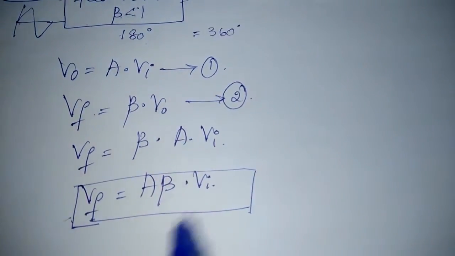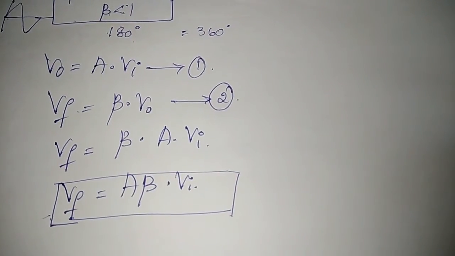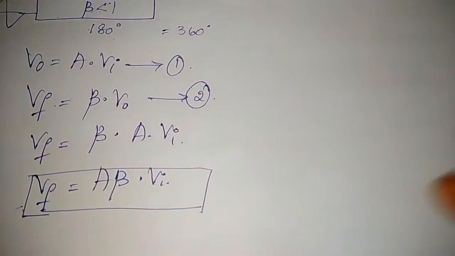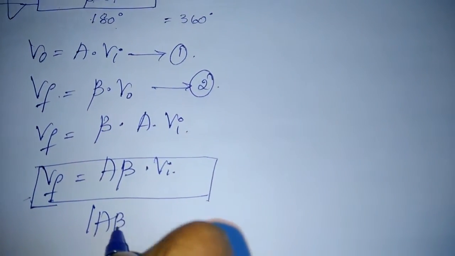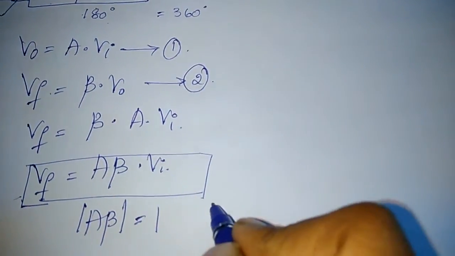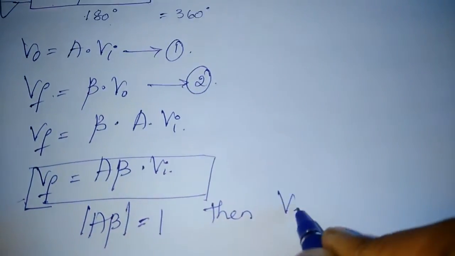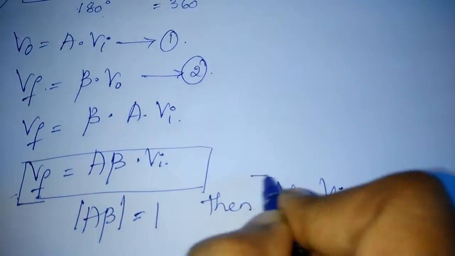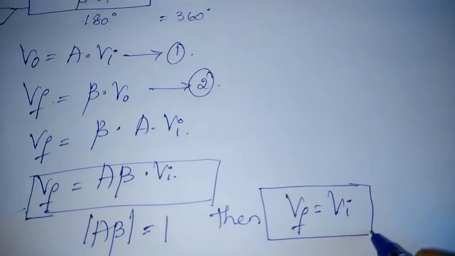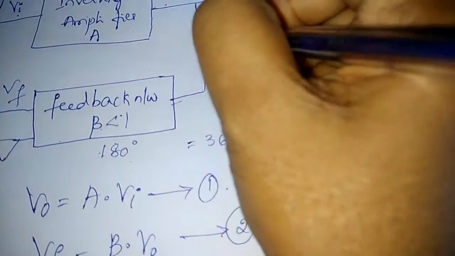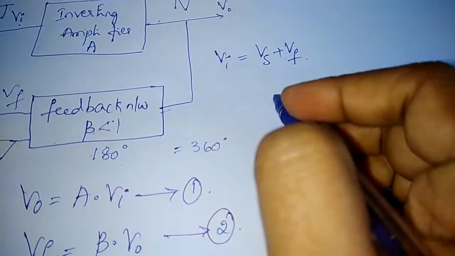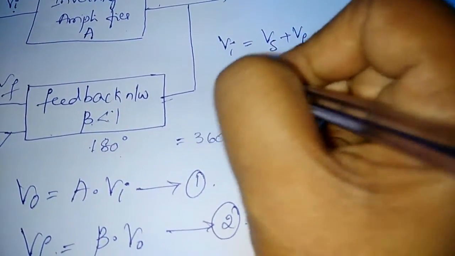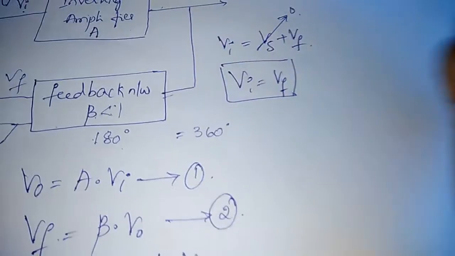Here, if I consider the magnitude of A beta equal to 1, then what will we get? Vf will be equal to Vi. Actually your Vi is the sum of Vs plus Vf, isn't it? Now we are getting Vi equal to Vf. What does this represent? This Vs is equal to 0.